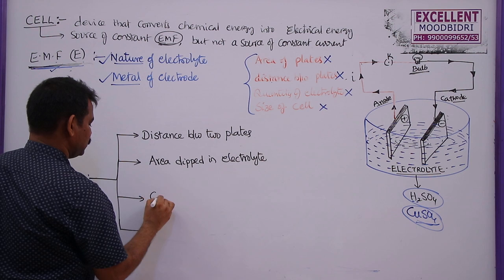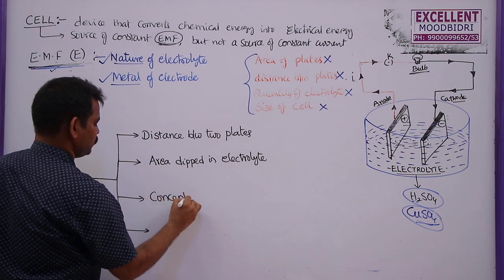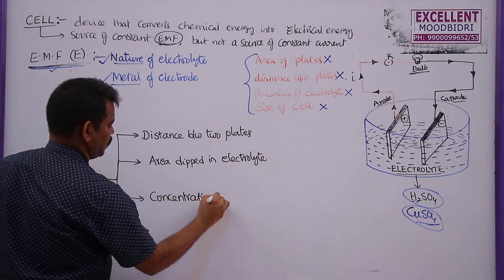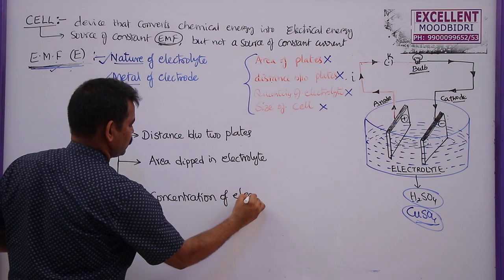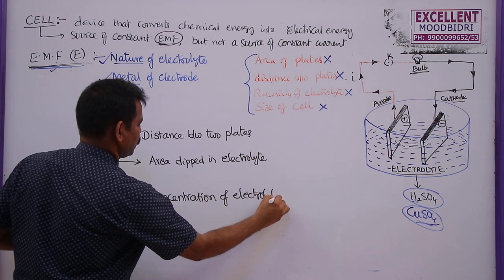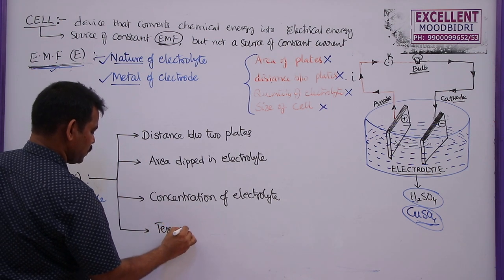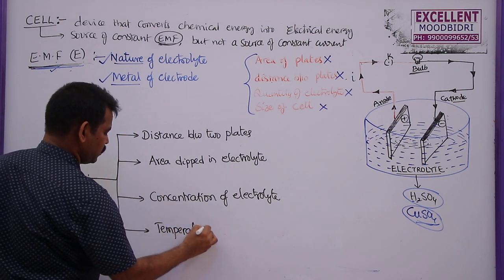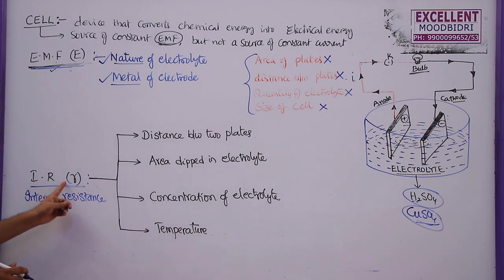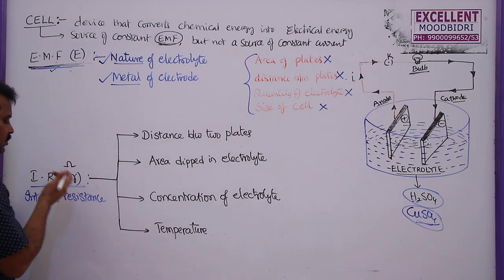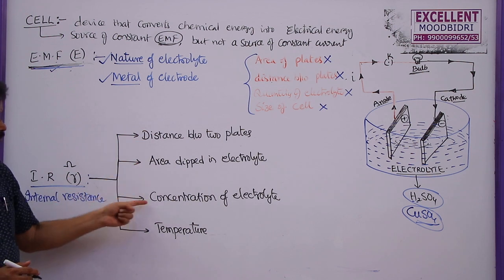Third one, concentration of electrolyte. Fourth one, the temperature of that electrolyte. So internal resistance, which is measured in ohms, because as it is resistance, it depends on four factors.